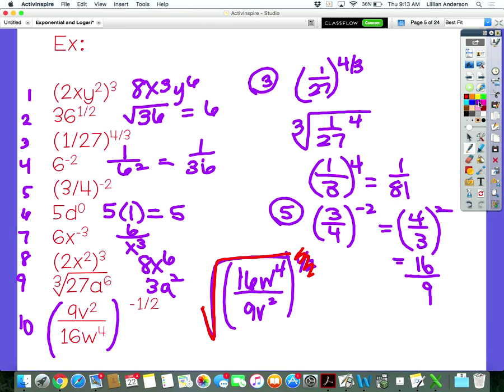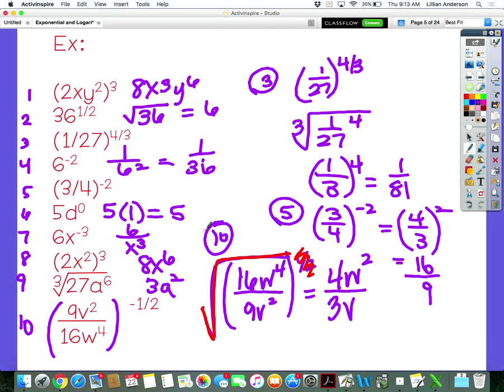How do you take the square root of a fraction? Do it to the top and then to the bottom. What's the square root of 16? 4. Square root of w to the 4th, and square root of 9, and square root of b squared. And there's the answer.